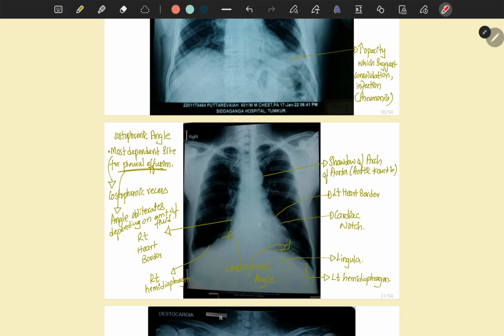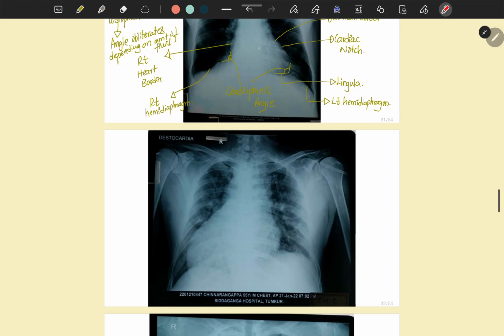And you can see another notch. This is the shadow for the arch of aorta. Here there will be arching of the aorta, also called the aortic knuckle. And as I said before, this is the cardiophrenic angle.